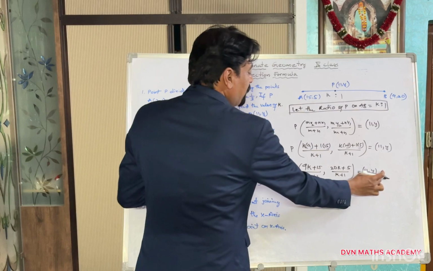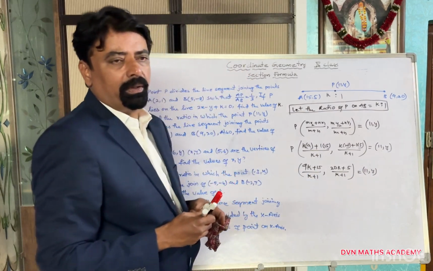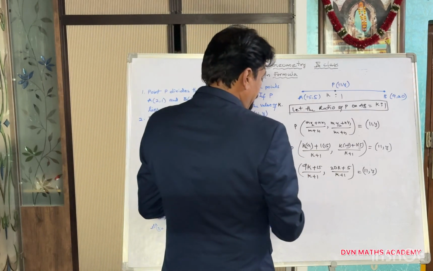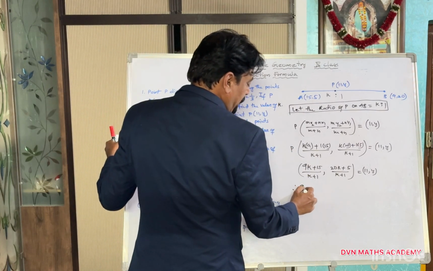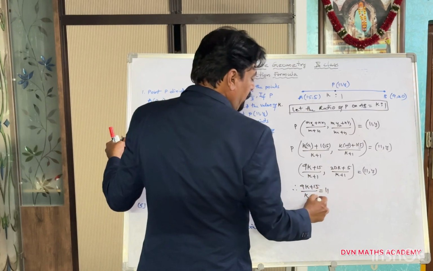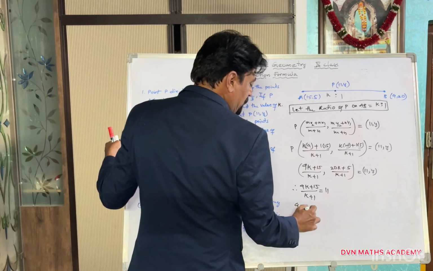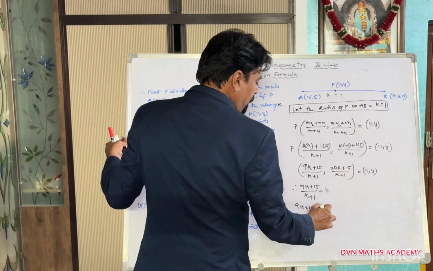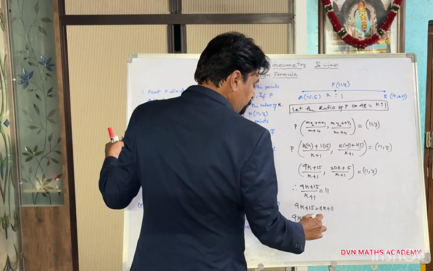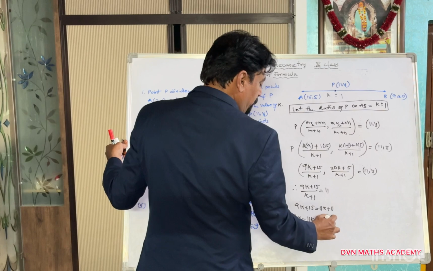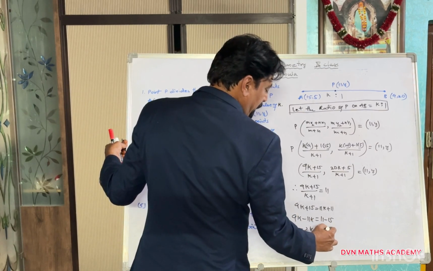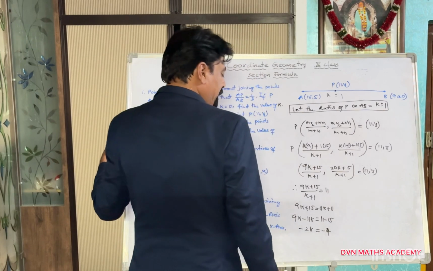Since this point equals that point, you can compare the x coordinate and y coordinate. Taking the first one, (9K plus 15) by (K plus 1) is equal to 11. By cross multiplication, 9K plus 15 is equal to 11K plus 11. So 9K minus 11K is equal to 11 minus 15, so minus 2K is minus 4.